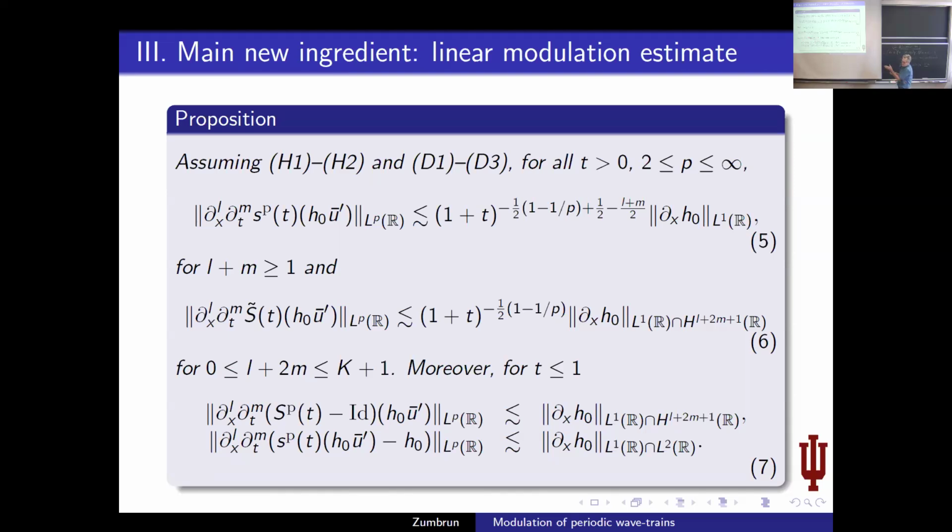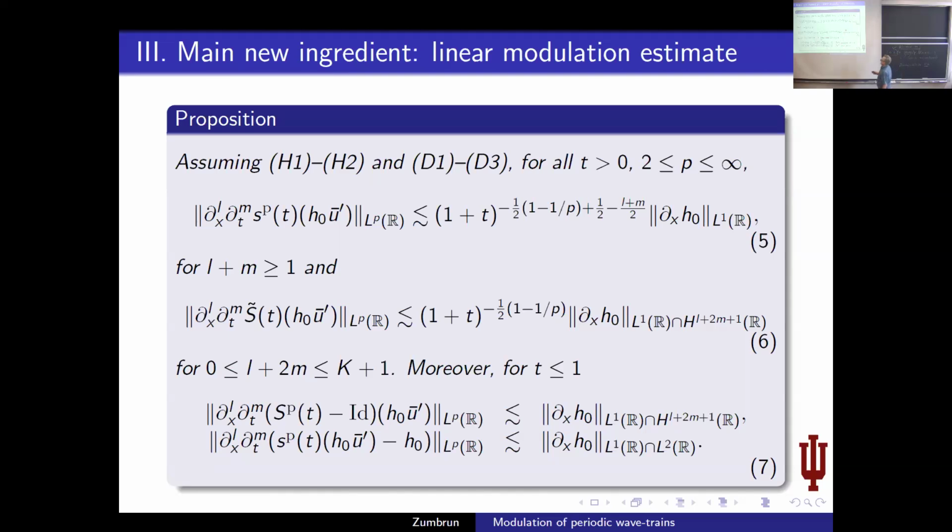Pick any capital K and we can prove these estimates, as long as, remember, the source G of U in the original reaction diffusion equation is smooth enough so that our linear solution operator is smooth enough. That's the only restriction here.